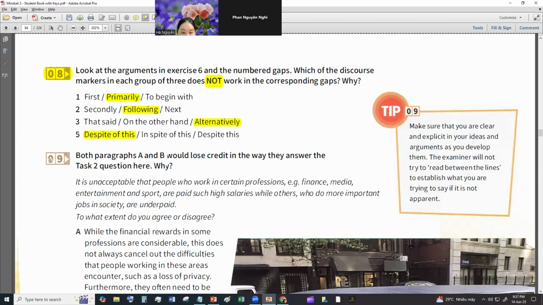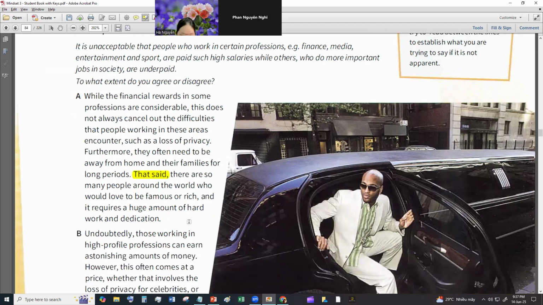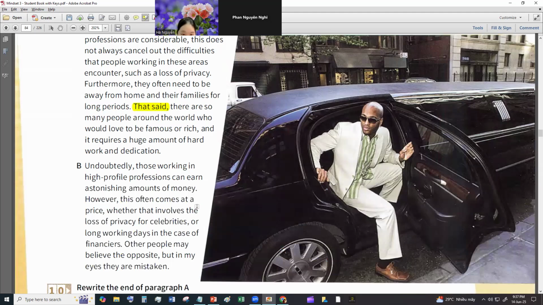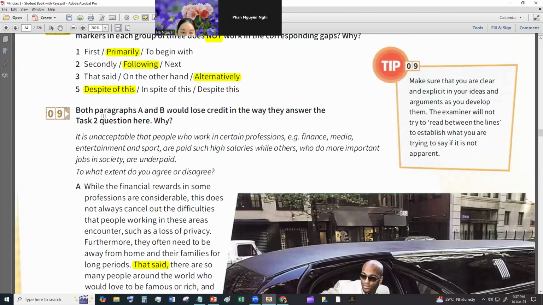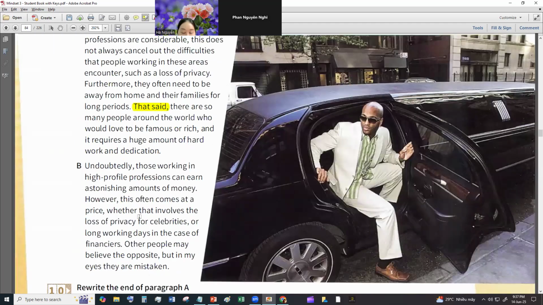So for exercise 9, we are looking at the development of the body paragraph. In particular, the use of discourse markers to develop your paragraph. So for example, both paragraph A and B would lose credit for the way they answer because they don't develop it logically, and especially they use discourse markers incorrectly.